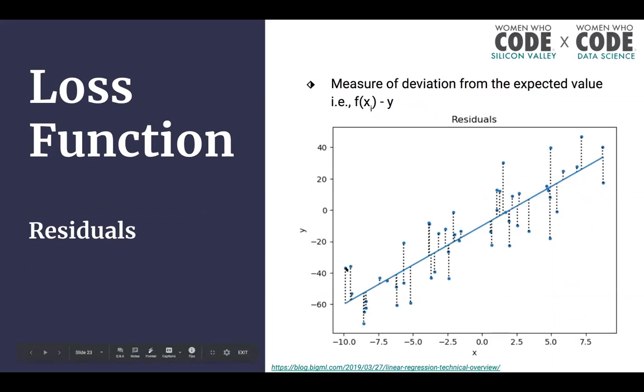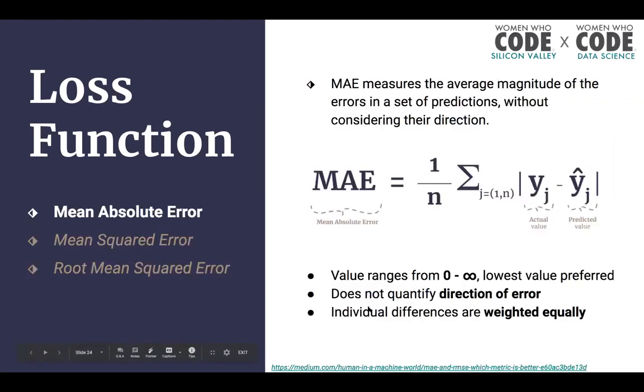You just know that this point has a 20 loss. Even this point would have a 20 loss. There's no way of differentiating the direction, whether it's a +20 or a -20. That is a loss function, which is mean absolute error.